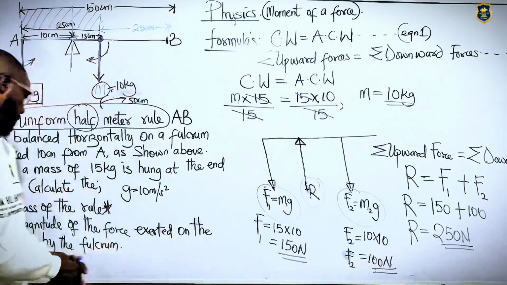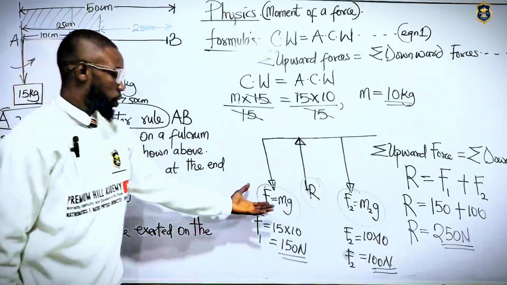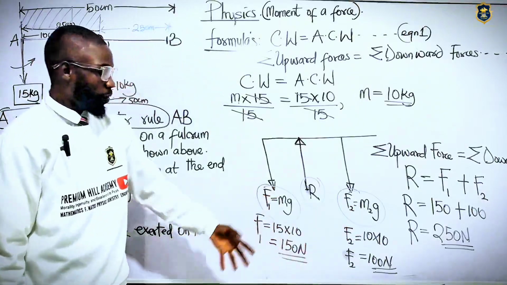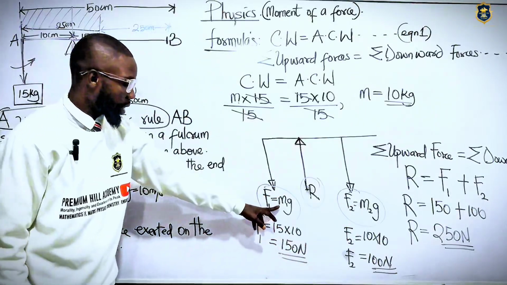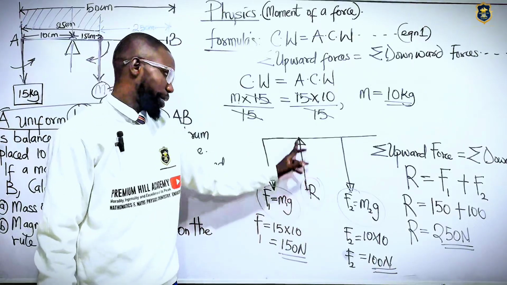Question 2 says we should find the magnitude of the force exerted on the rule by the fulcrum. In doing that, we have to look for the forces, because we're only given the masses, and the force there is mg. This is just R, because there was no mass given here.